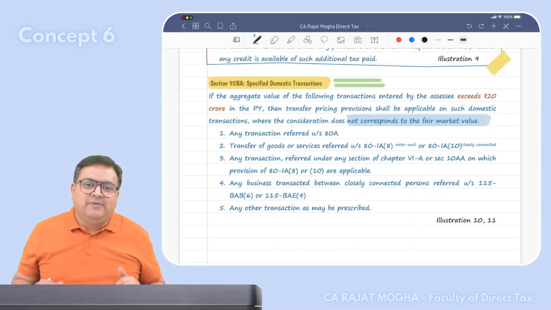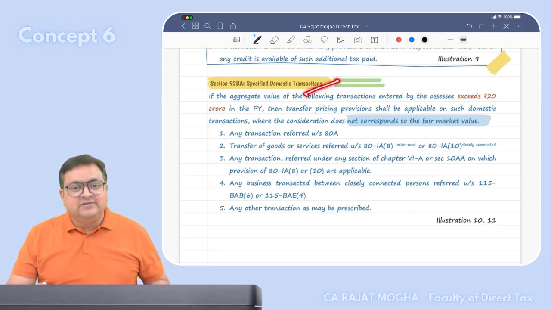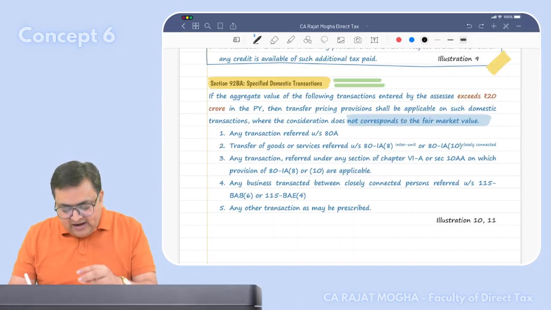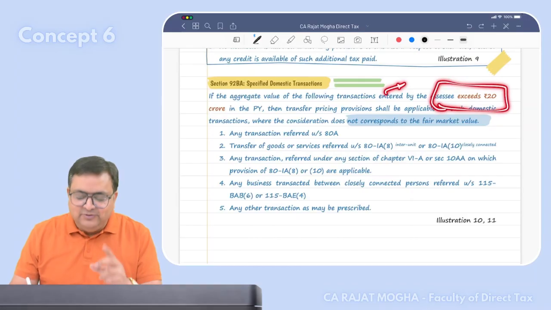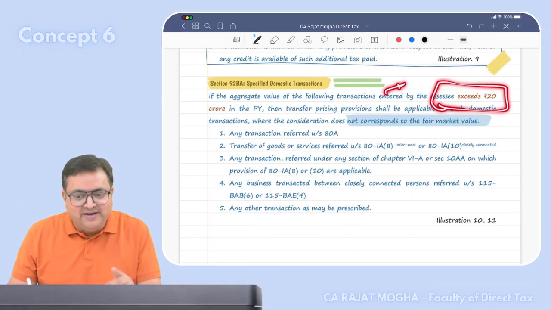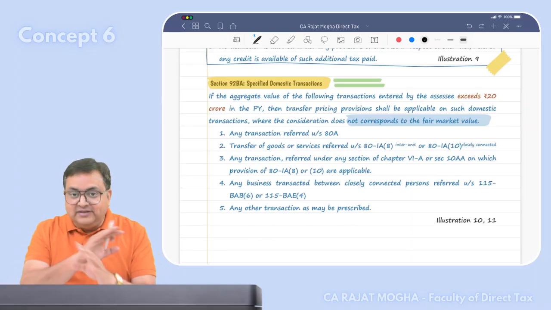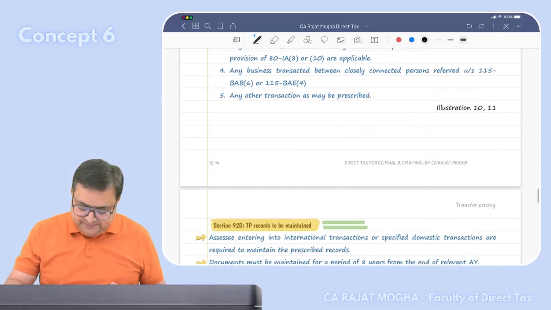Then also we will apply the specified domestic transactions. We will apply ALP. We will apply the transfer pricing provisions, provided the total value exceeds 20 crore. This is very important, please don't make a mistake over here. If the amount is not exceeding 20 crore, there is no requirement to apply the transfer pricing provisions.